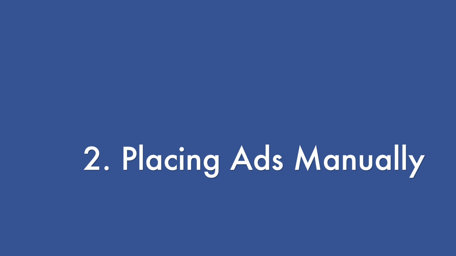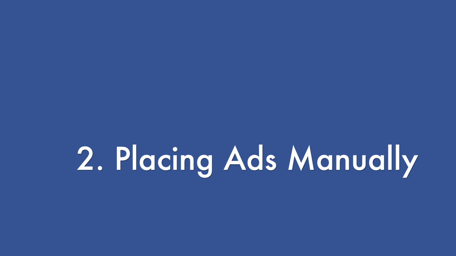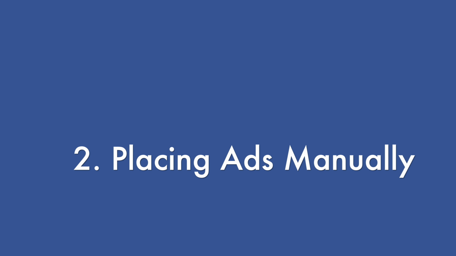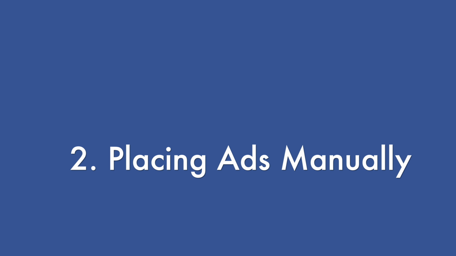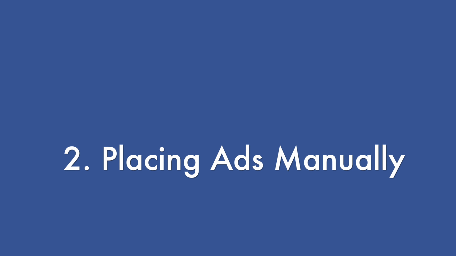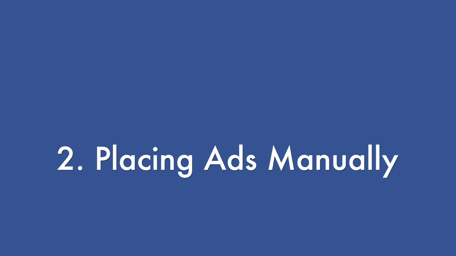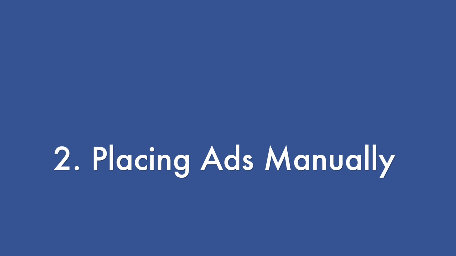And then we looked at the manual approach, where we are placing the ads on our sites at different places manually. If your site doesn't have a lot of content or pages, you can go the manual way and just place the ads at specific positions that you want them to feature.